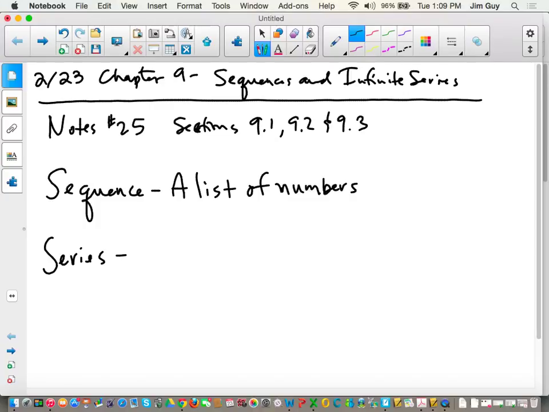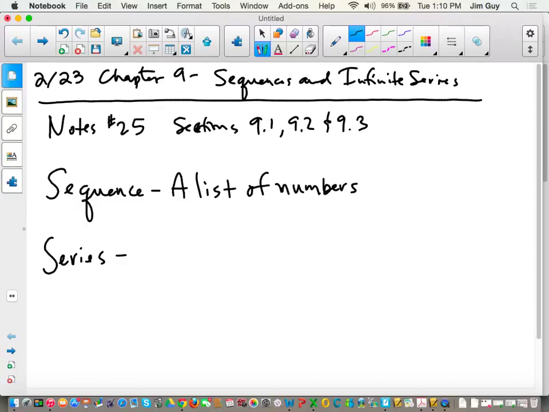They're both infinite. They could be adding or subtracting or multiplying, dividing within there to generate the terms. If I have my sequence, which is a list of numbers, what am I going to do with my list of numbers? Usually, if we're talking about a series, would you add all of them?